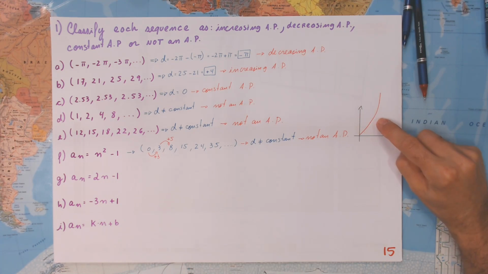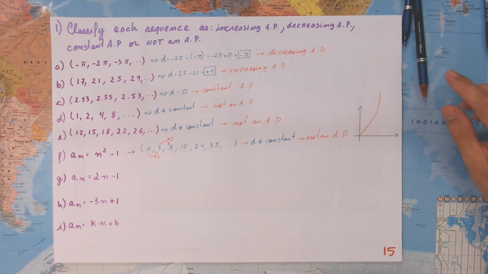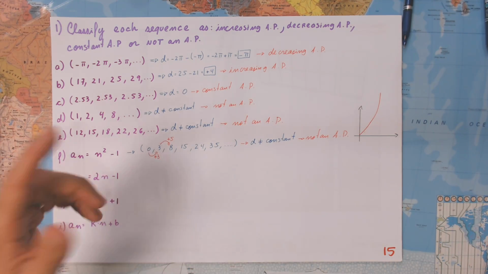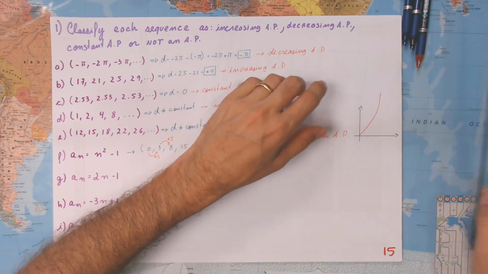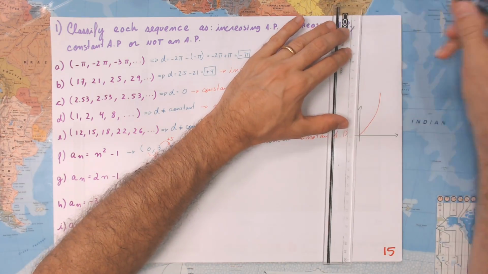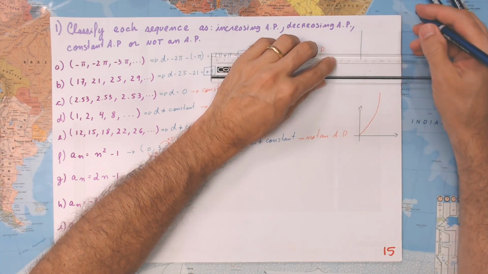This is never possible to be. This is going to be a half side of a parabola. Okay? And this is never going to be an arithmetic progression. Why? Remember when we said initially, let's take a minute to recap something.